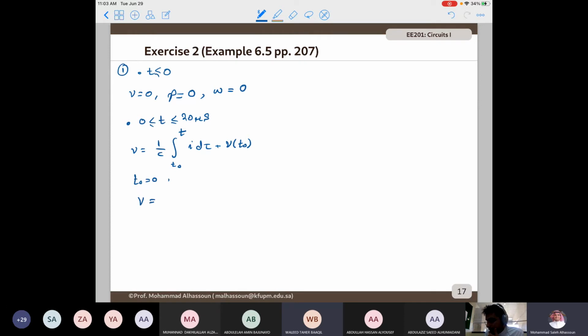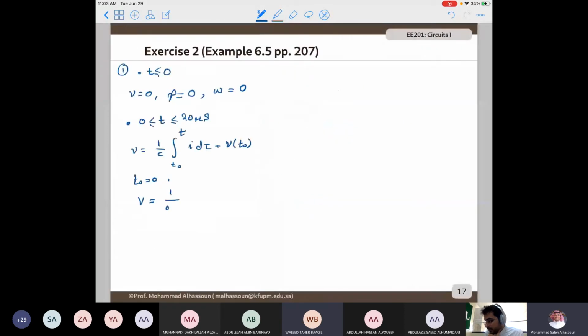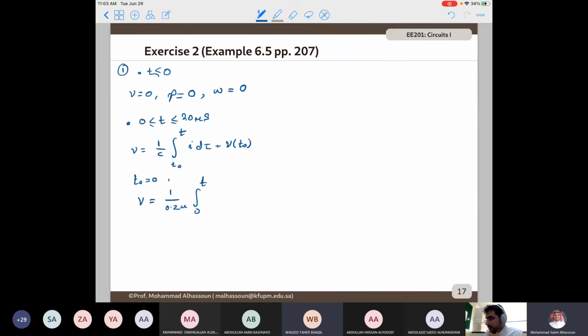So the voltage will be what? It's 1 over 0.2 micro, integrated from 0 to t of i, which is 5,000 τ. The initial value is 0. So the voltage will be 12.5 times 10 to the power 9 t squared volts.